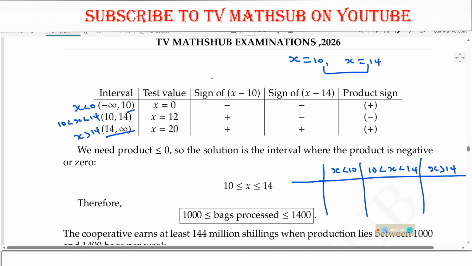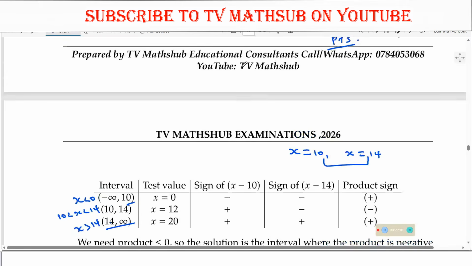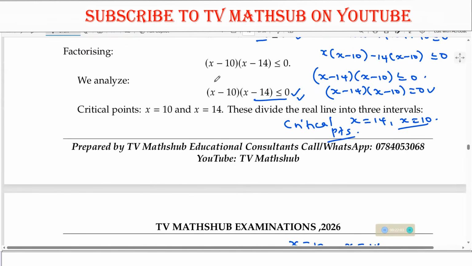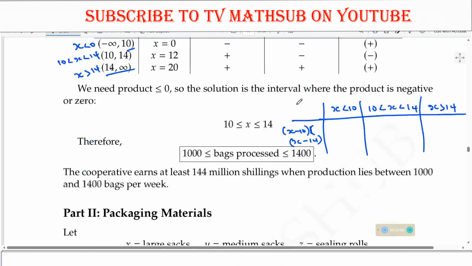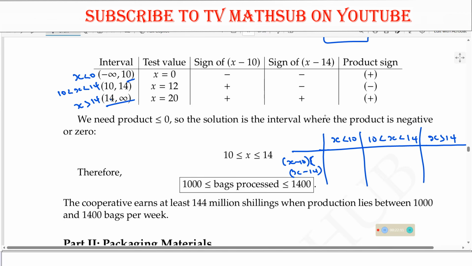So next we need to look at (x − 10)(x − 14), where this one is satisfied. In this region, you can use x equal to 0, as we have seen. When x is 0, you get a negative times a negative, so this will give you a positive.